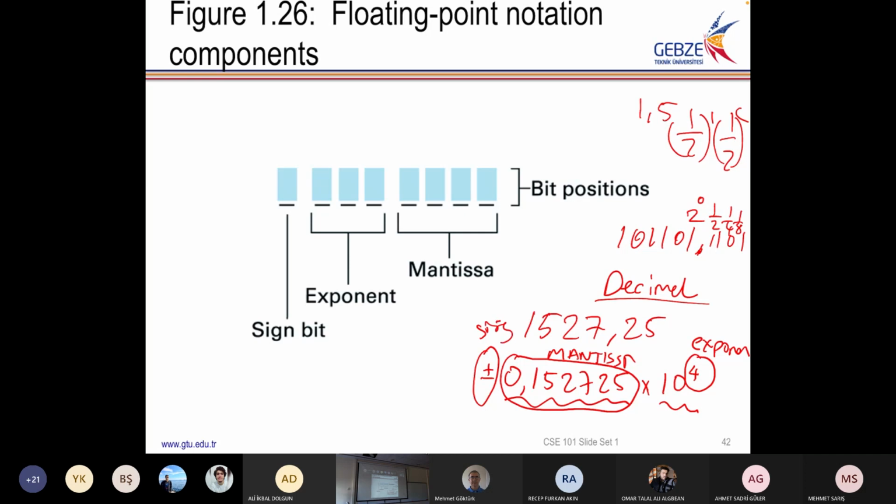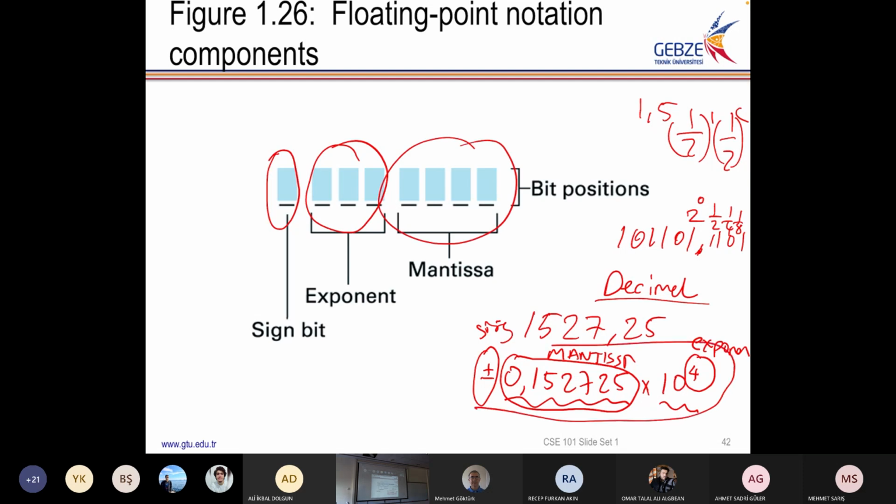So the computer scientists agreed on it, it's all agreement. If I don't want it, I can select. But they agreed that, for example, I can store the sign bit on the right side if I want, but I didn't. So there is a sign bit, there is an exponent, and there is a mantissa. So this way, I can store fractional numbers. And we say that it's a floating point number.